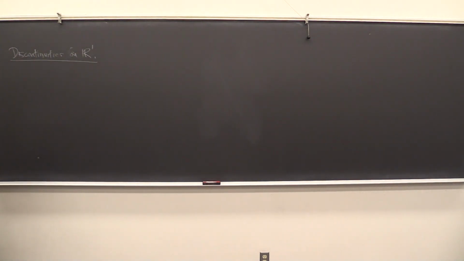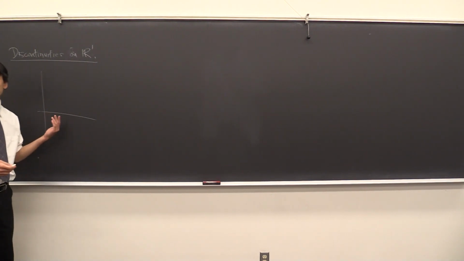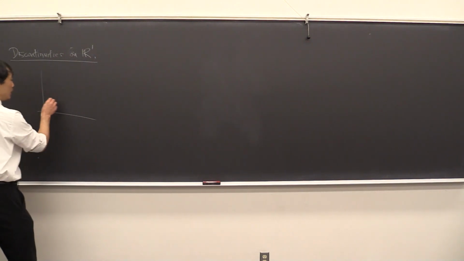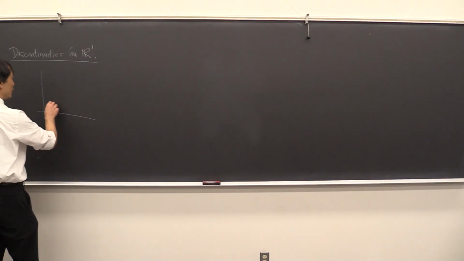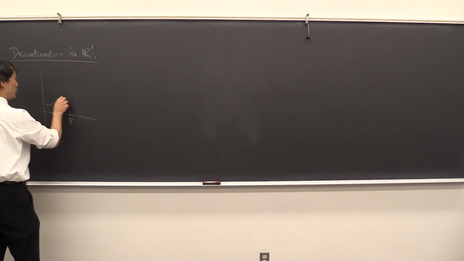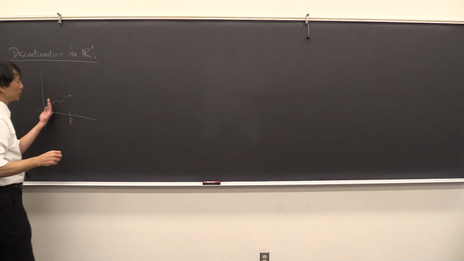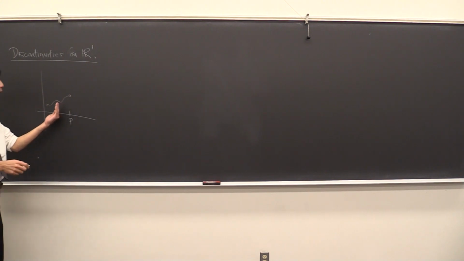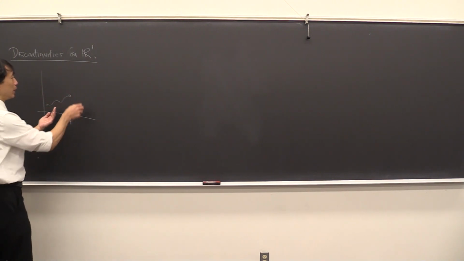Okay. So the first thing we're going to do is talk about something that you saw in calculus, which is left-handed limits and right-handed limits. If you have a point and you're approaching this point from the left, and the function has a limit from the left-hand side, we talk about a left-handed limit.